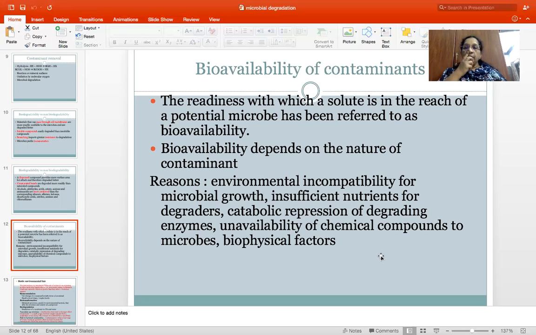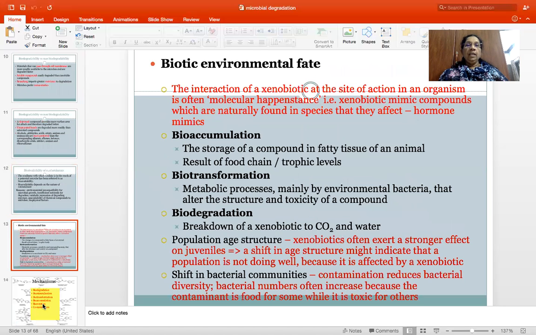So the readiness with which a solute is within reach of a potential microbe is referred to as bioavailability. And the bioavailability depends on the nature of the contaminant. The reasons are environmental incompatibility for microbial growth, insufficient nutrients for the degraders, catabolic repression of the degrading enzyme, unavailability of the chemical compounds to the microbes, and other biophysical characters.